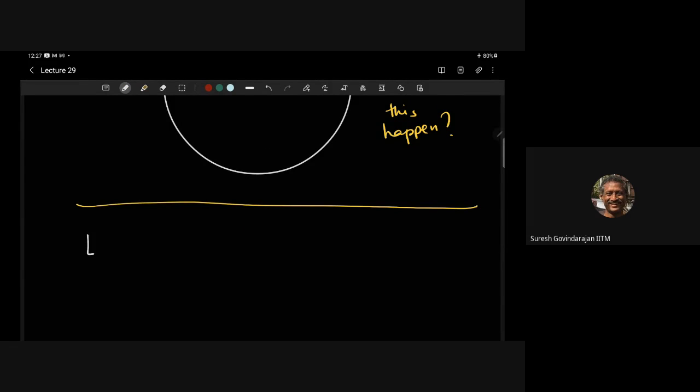So let us do a little bit more. Try to study where the minimum of the potential is.